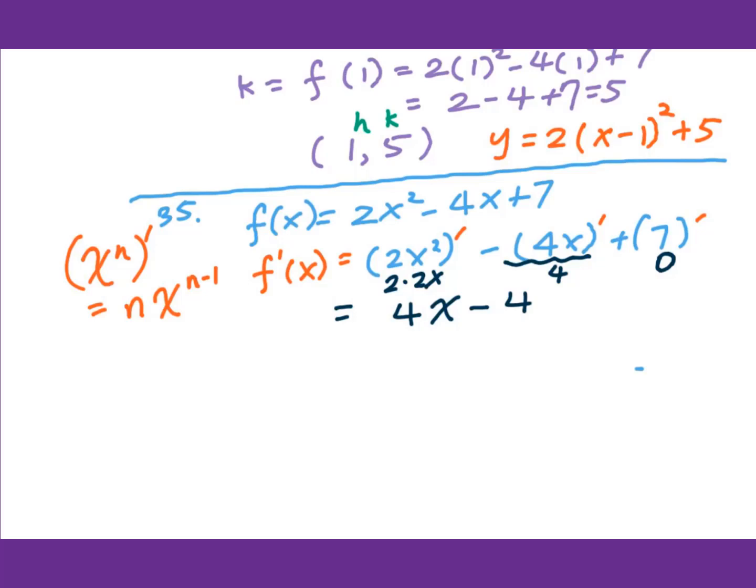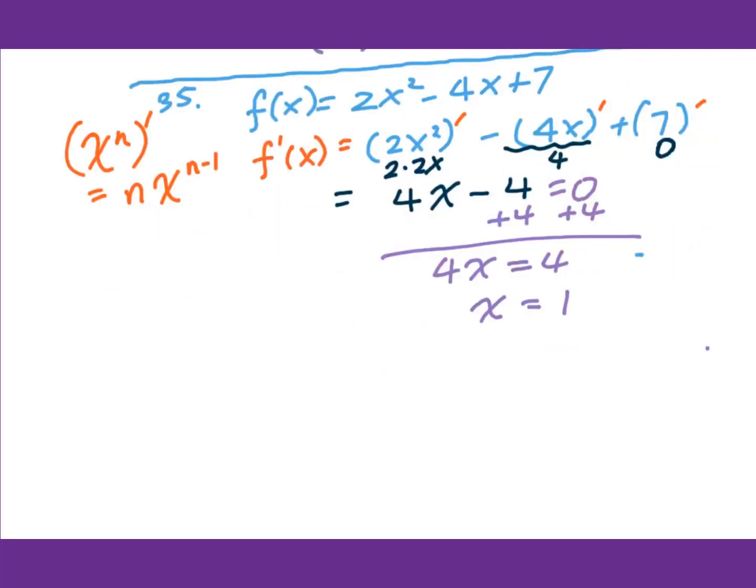We set this 4x minus 4 equal to 0. Then we add 4 to both sides and get 4x equals 4. Dividing by 4, x equals 1. Basically, this x equals 1 is h equals 1.